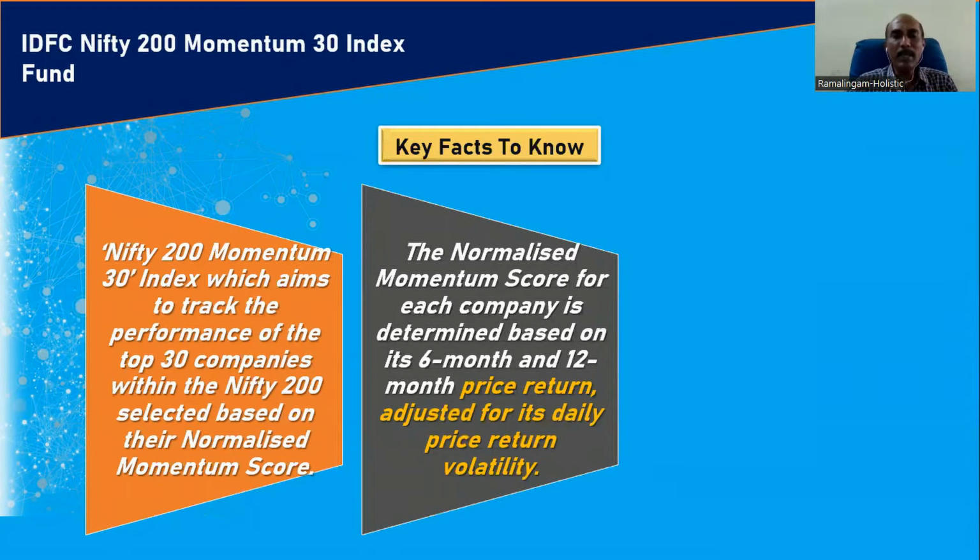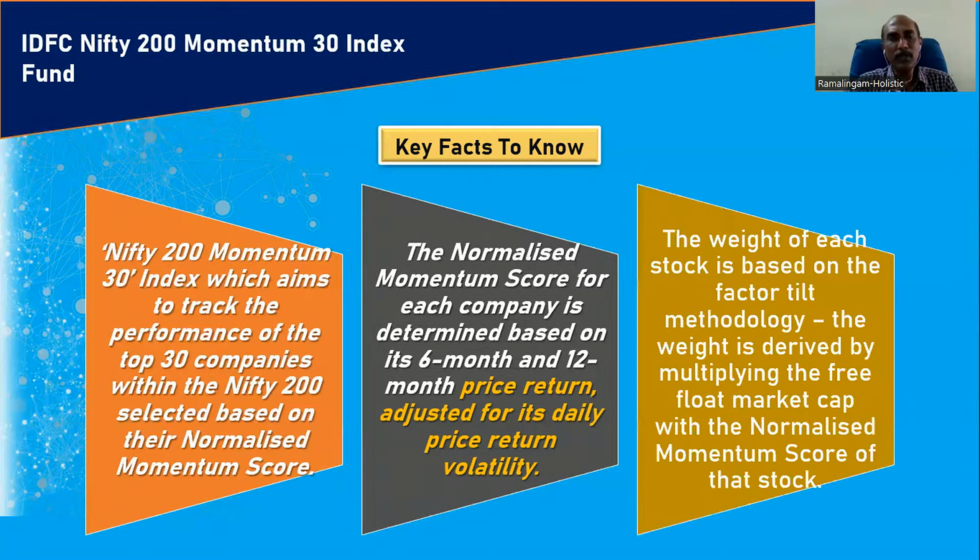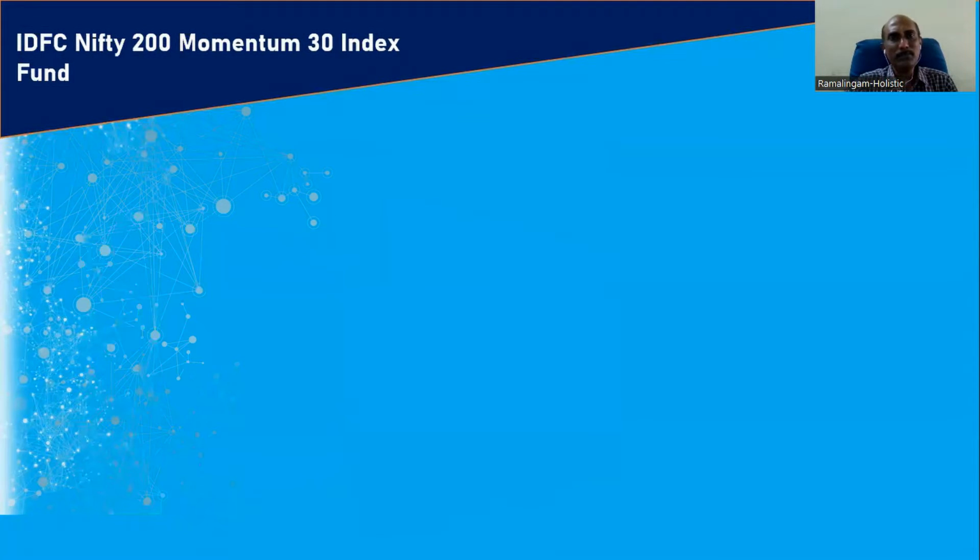It is calculated based on the 6-month and 12-month price return adjusted for its daily price return volatility. So price return and price return volatility is observable data. Based on that, they will select the top 30 stocks out of Nifty 200 and construct this particular index.